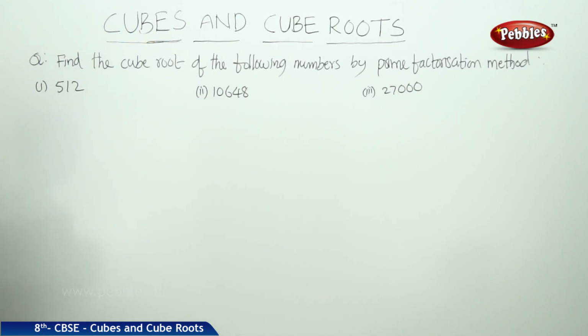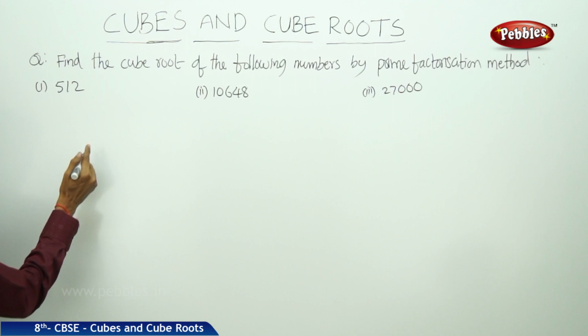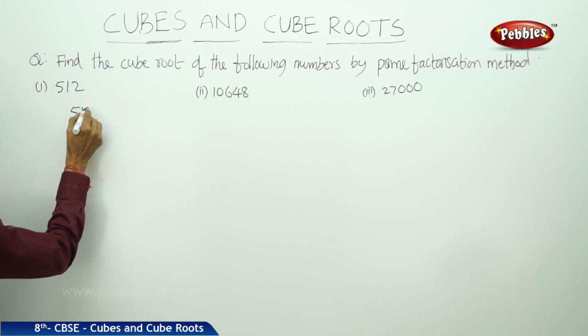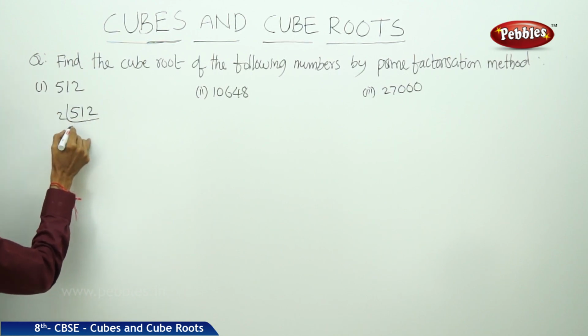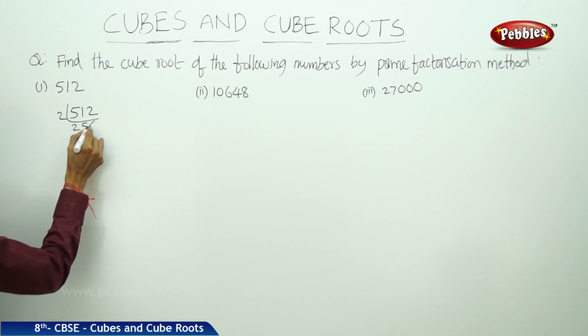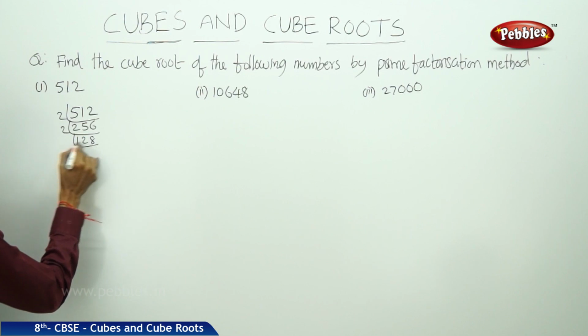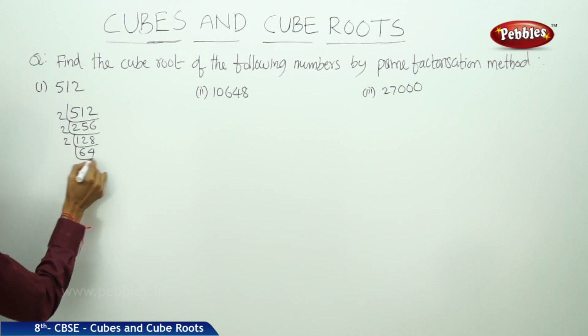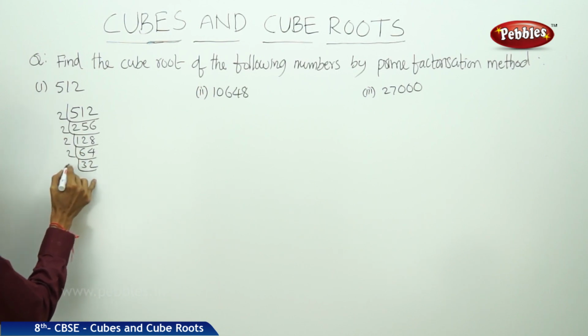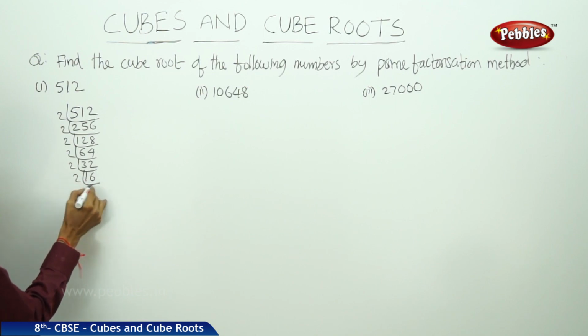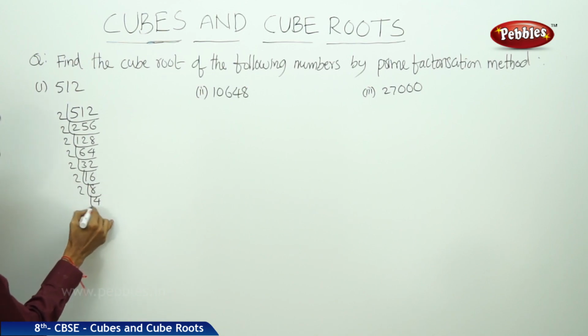Find the cube root of the following numbers by the prime factorization method. First we will take 512. We will factorize 512. 2 2s are 4, 2 5s are 10, 2 6s are 12, 2 128s are 256, 2 64s, 2 32s, 2 16s, 2 8s, 2 4s, 2 2s.